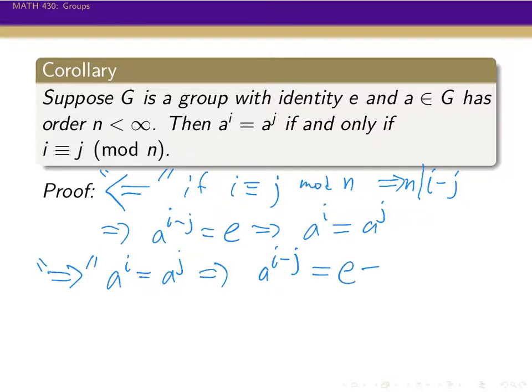And then that can only happen if n divides i minus j, same as we saw before. And then that means that i is congruent to j mod n. And so really the proof for this is the exact opposite of the backwards direction. I could have gone double arrows all the way the first time through, and we would have been done with this.